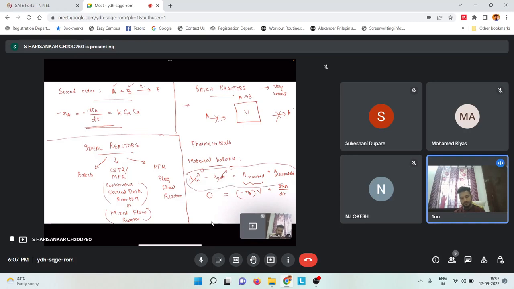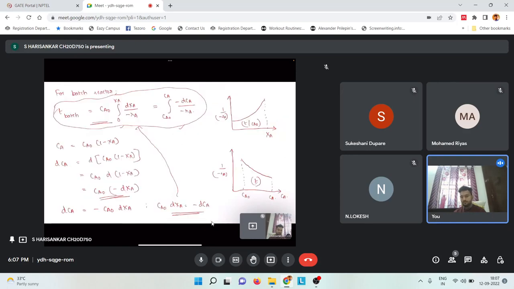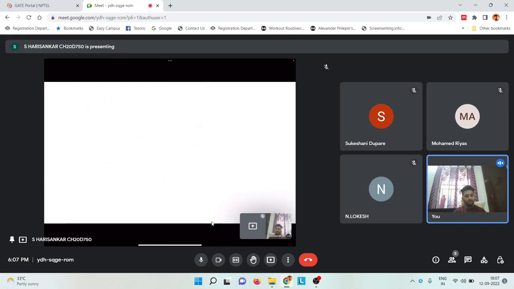Using this, we can derive the general equation for batch reactors, and the general equation comes out like this. And we looked at how we can graphically represent batch reactors with respect to different kinds of graphs and so on. So today we'll be looking into the continuous reactors.